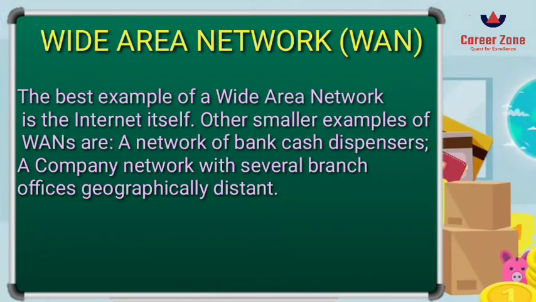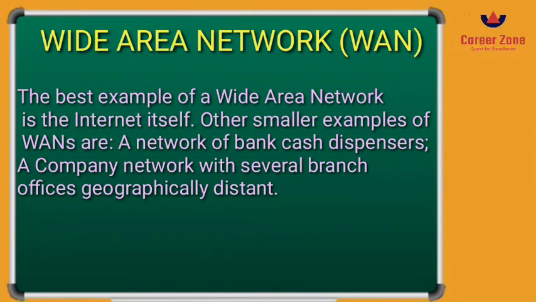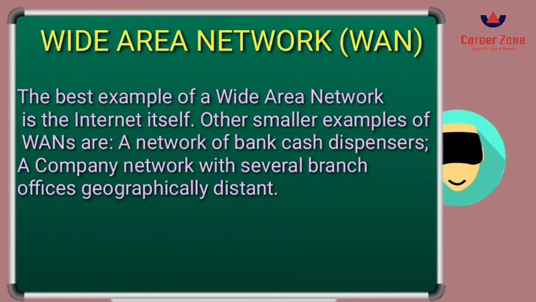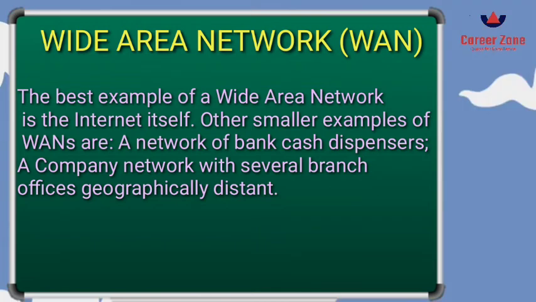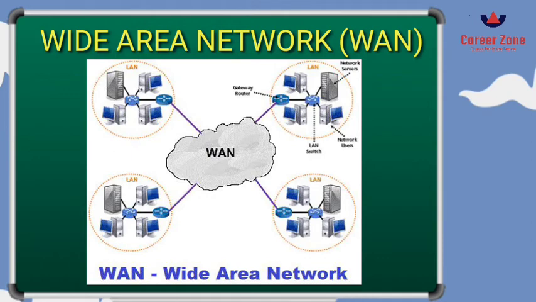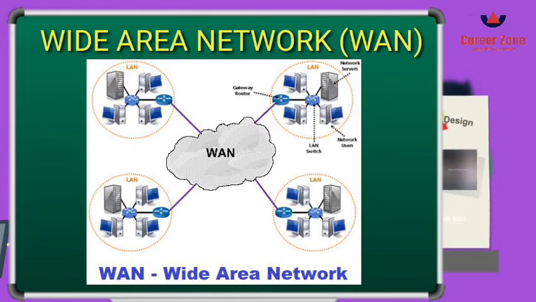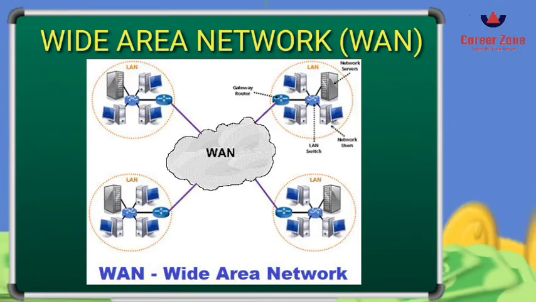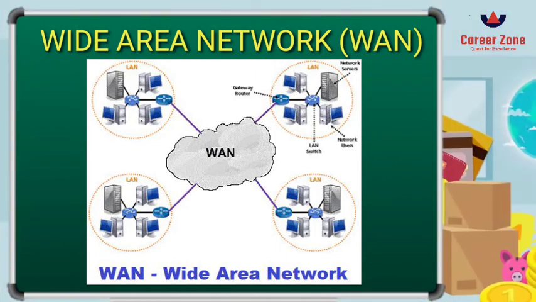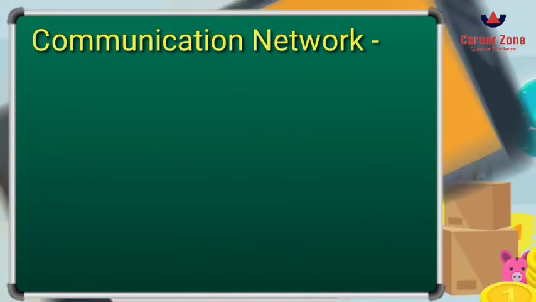A company network which has several branch offices spread across the world at a geographical distance can also be called a wide area network. But the best example is the internet, which we are using nowadays, where we are connected across the world and sharing information with each other in very little time, very conveniently. You can see the diagram over here, where different LAN connections are combined together, or different offices spread across the world are connected together, forming a wide area network.